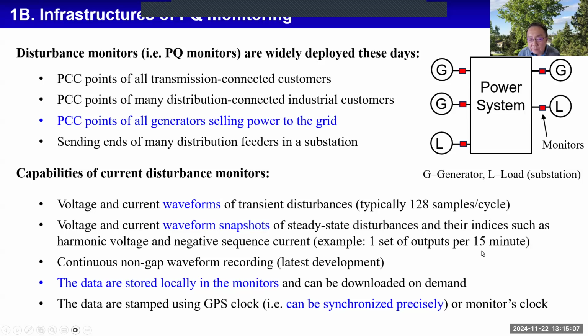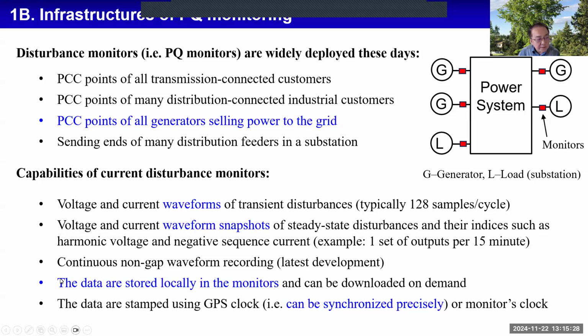You can set more frequent reporting, but that means you have more data to store, right? Typically it is 10 minutes or 1 hour per reporting. For one reporting, there is one data point coming out, which could include 12 cycles of waveform and its spectrum result, okay?